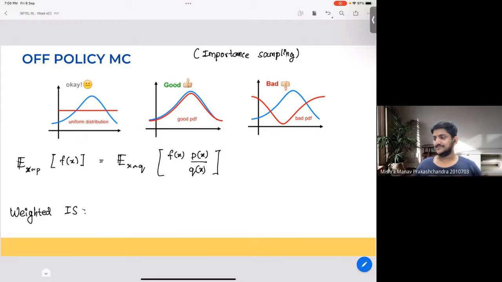So let's start. Week 6 started off with the introduction of off-policy Monte Carlo, right? And to understand off-policy Monte Carlo, it's important to understand something known as importance sampling. What happens in Monte Carlo is, let's say you want to estimate a distribution. The way you estimate the distribution is by drawing samples.